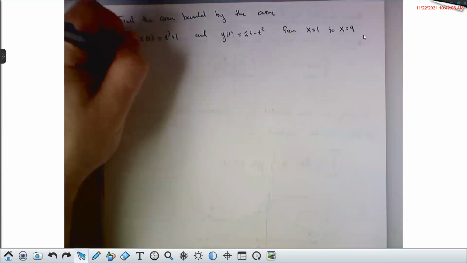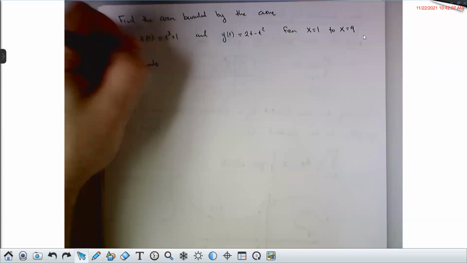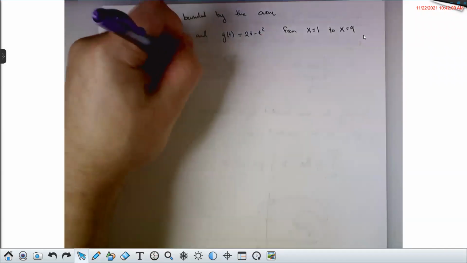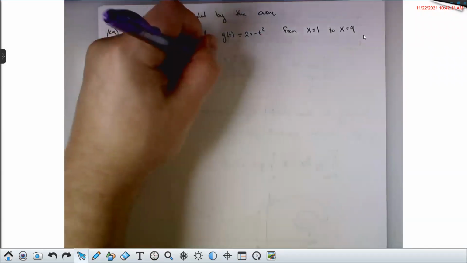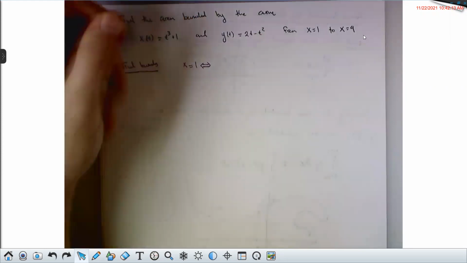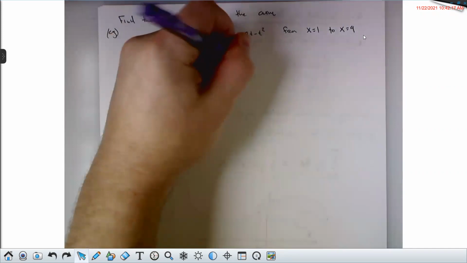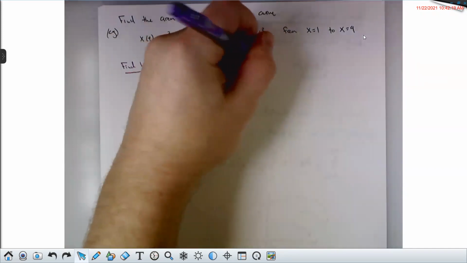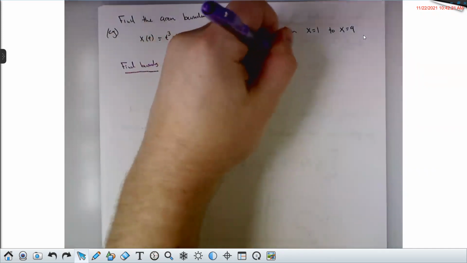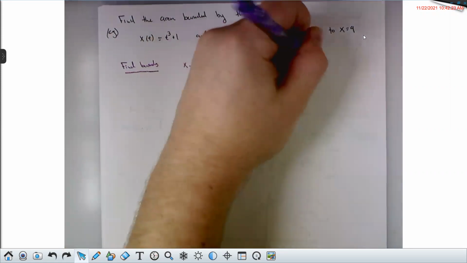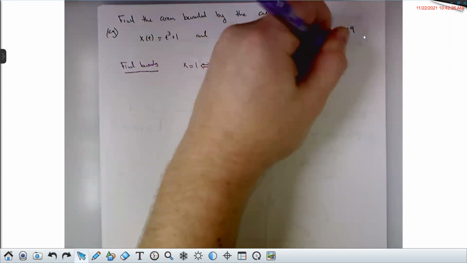So first we find the bounds. x equal to 1 means t cubed plus 1 is equal to 1, which means t cubed is equal to 0, so t is 0.